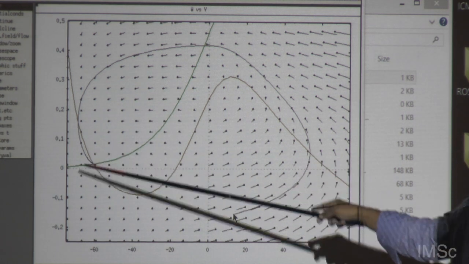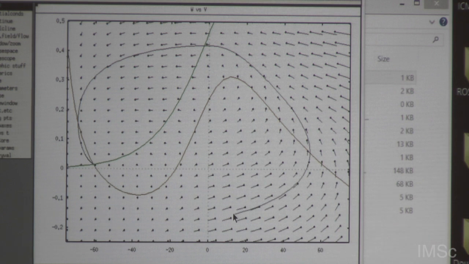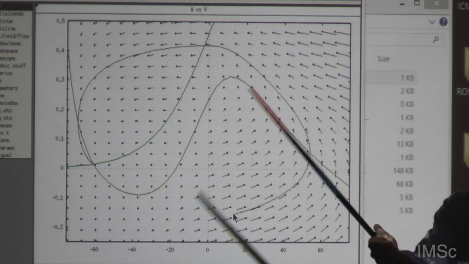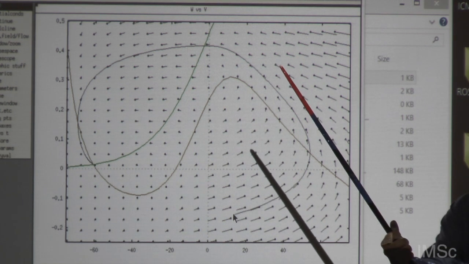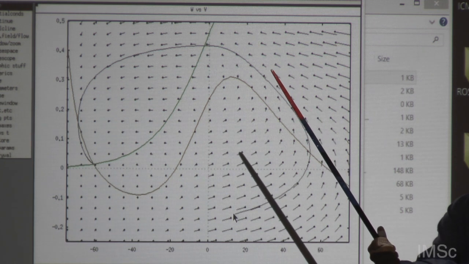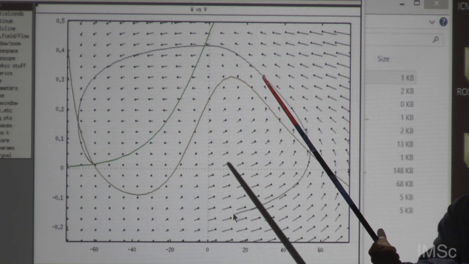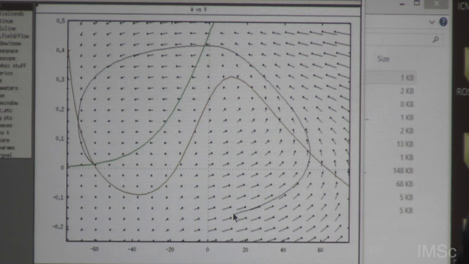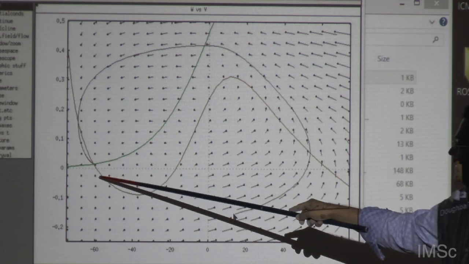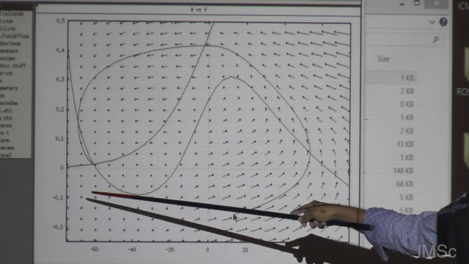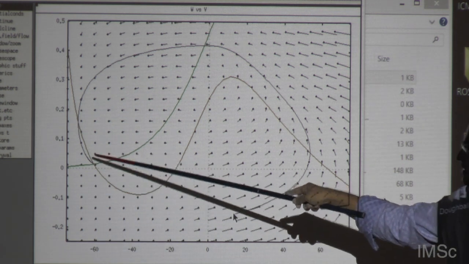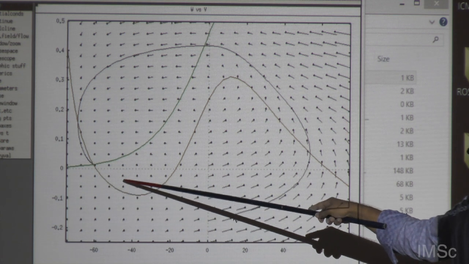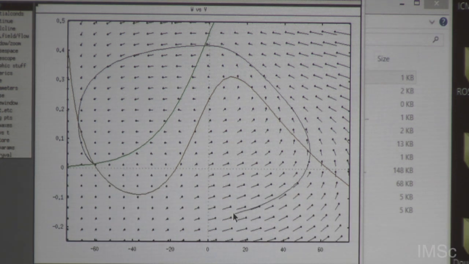This trajectory over here is becoming, technically, asymptotically close to the fixed point. As you approach it, it slows down, headed towards the fixed point. In particular, I could look at the stability of points here. So I'm going to click in this region over here and ask what happens to trajectories that are close to the fixed point.